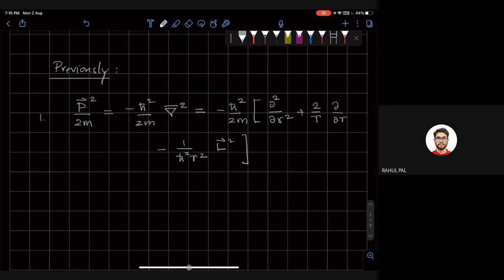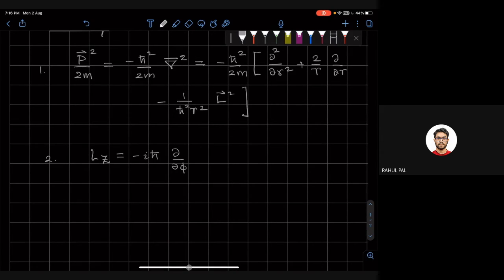We also derived the expressions for the angular momentum operators in terms of polar coordinates. And we found that Lz was pretty easy to derive. There was a geometric way of deriving Lz, and it was given by minus i h bar del by del phi, phi being the azimuthal angle.